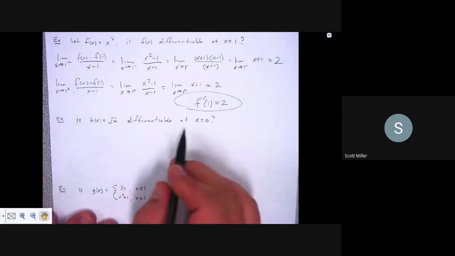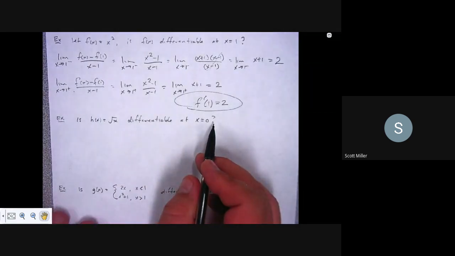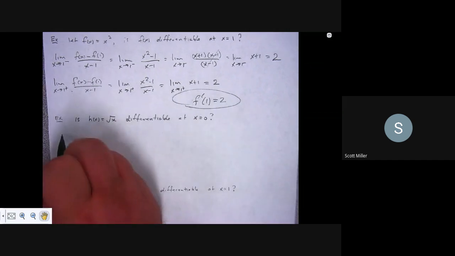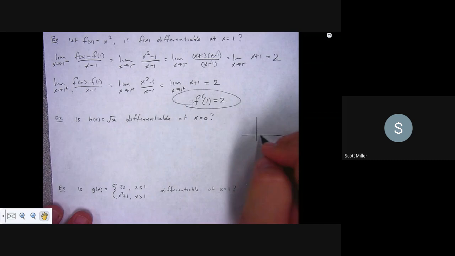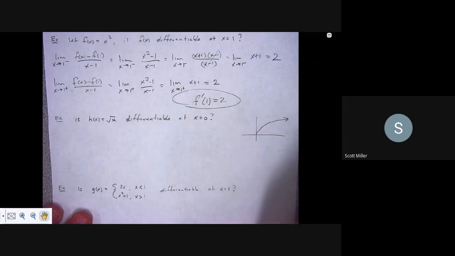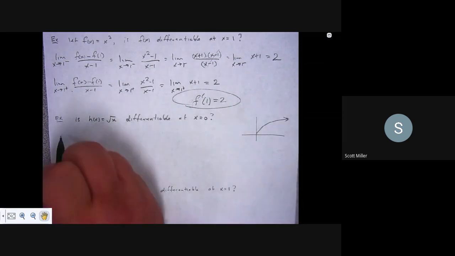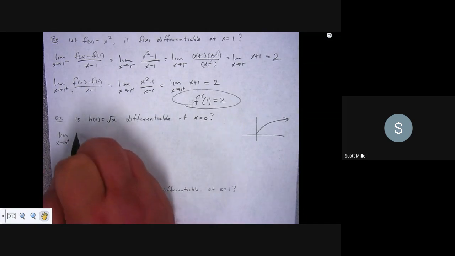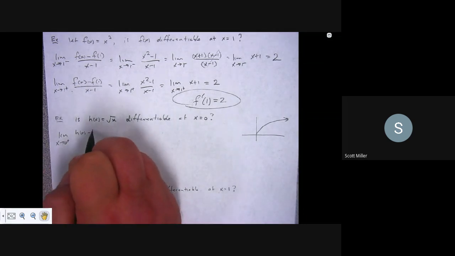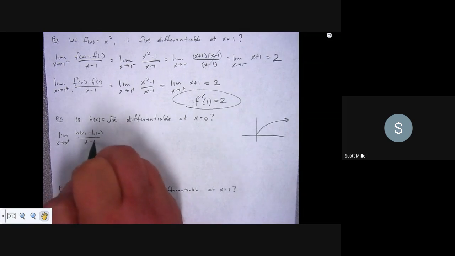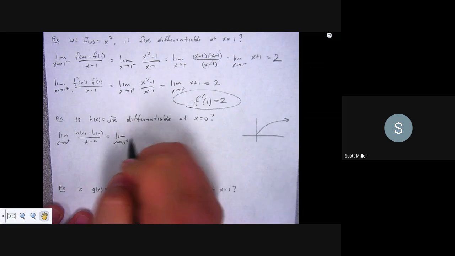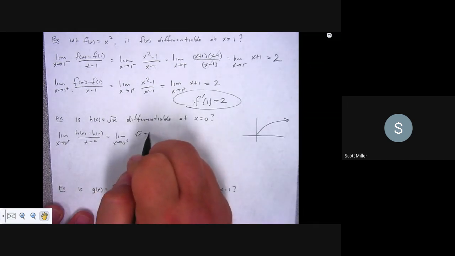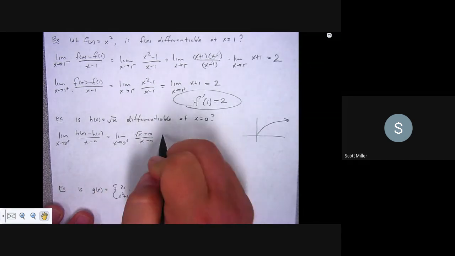Is this differentiable at 0? What is the square root of x? Right there, it looks like that. So let's take the limit as x approaches 0 from the right. It approaches 0 from the right. I'm going to get the square root of x minus 0 over x minus 0.